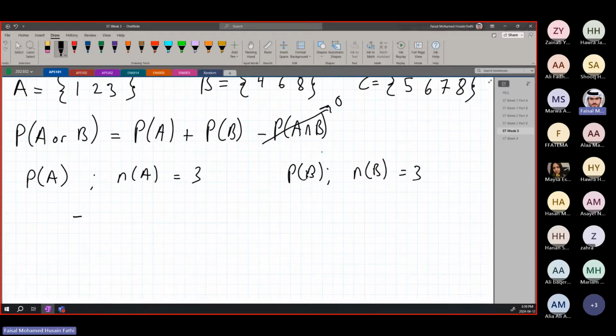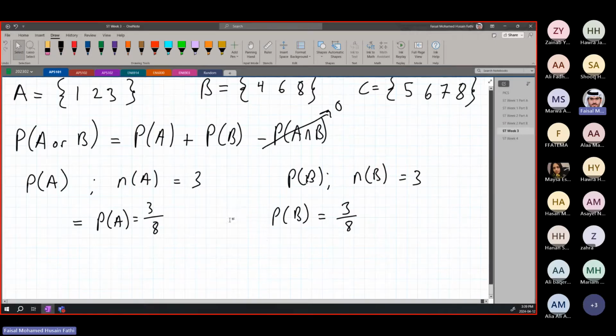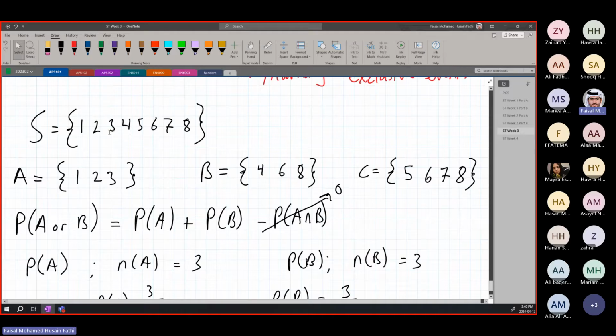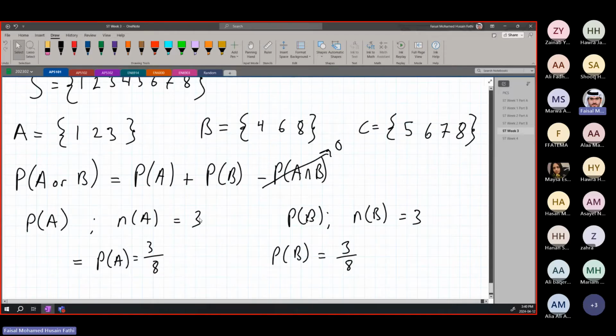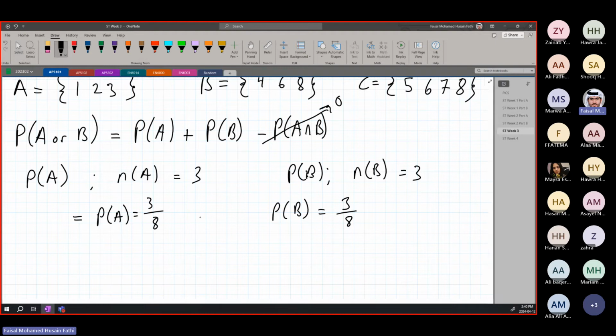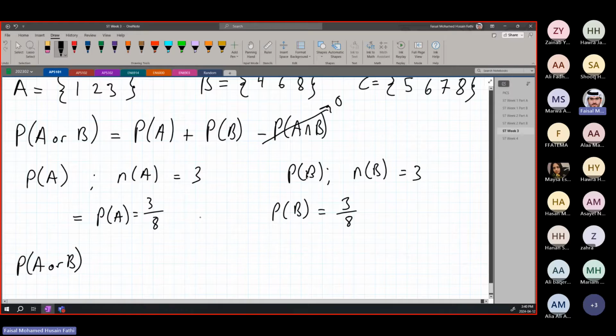So the probability of A is going to be equal to 3 over the sample space 8, and the probability of B is going to be equal to 3 over 8. Same idea. Okay, obviously here I'm just doing this in this many steps. You guys should immediately see, okay, this is 3, we have 8. Probability of A is 3 over 8. Instantly you should be able to find that. So P of A and P of B. So P of A or B is going to be equal to 3 over 8 plus 3 over 8, which is 6 over 8, or 3 over 4.